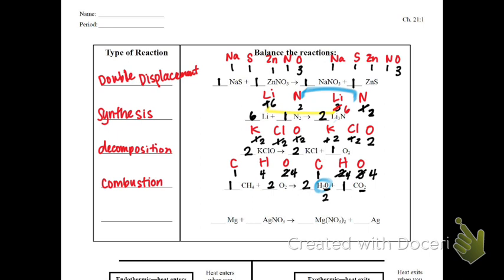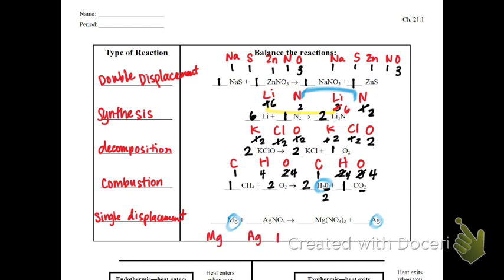Okay, what's happening on this last one? Yeah. MG was left out first. AG got left out second. But that's just one thing. Single displacement. All right. MG, I need to move that over.